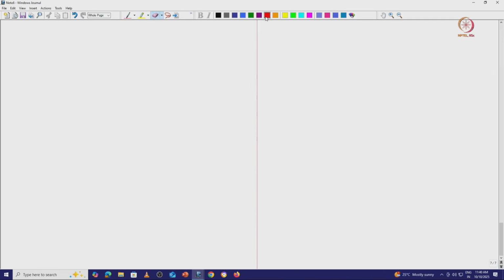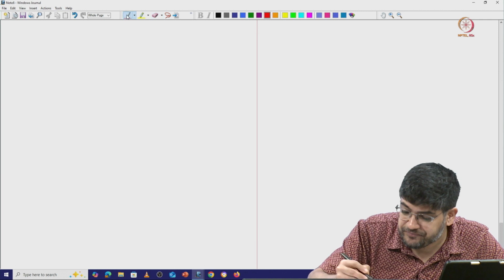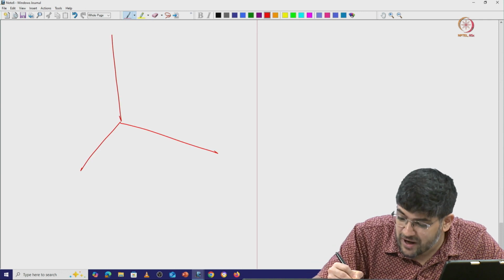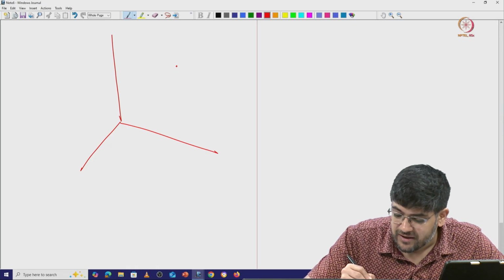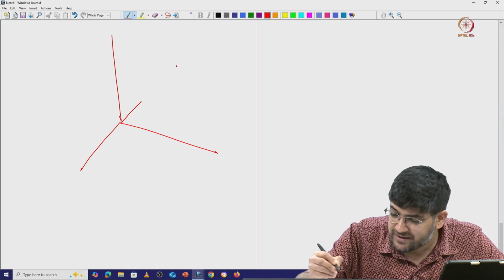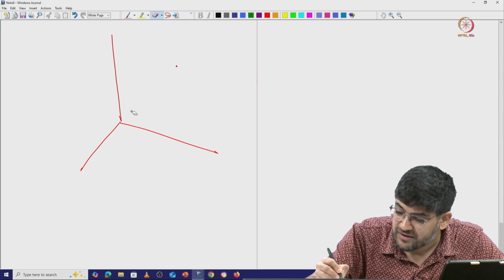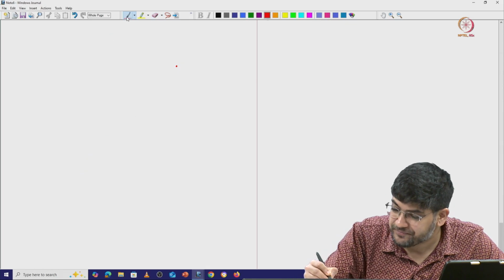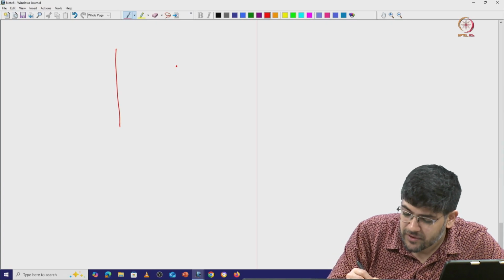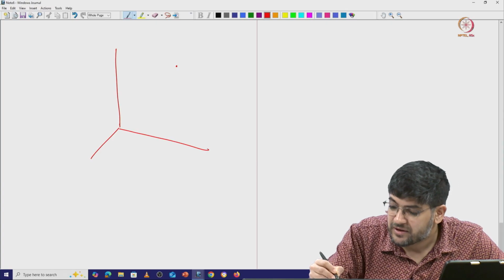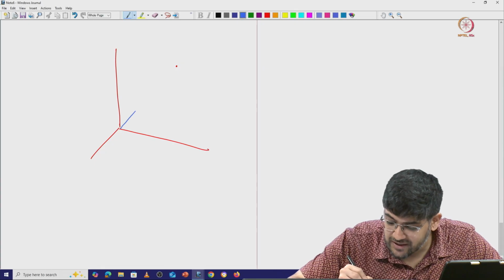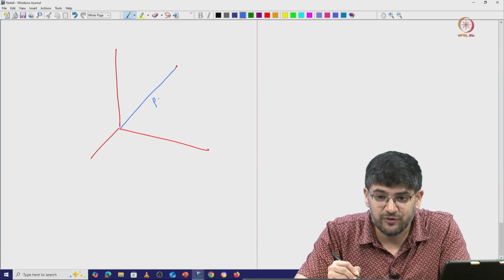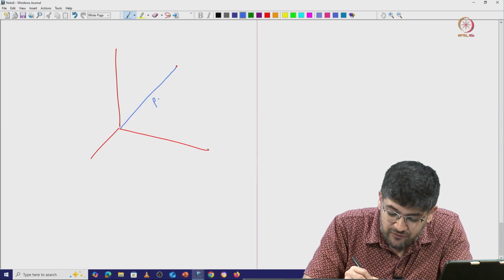So the picture is, you have a point here. You take the radial line connecting these two. The distance of this point from the origin is called rho.